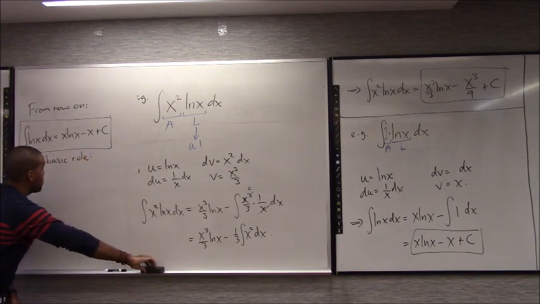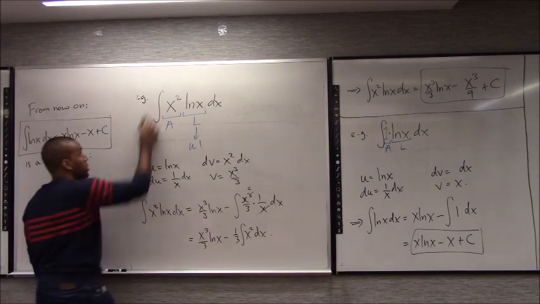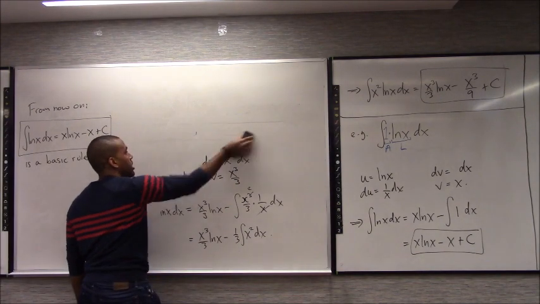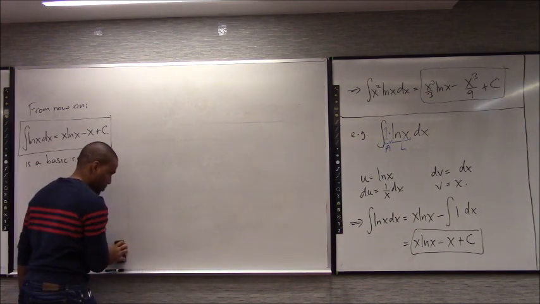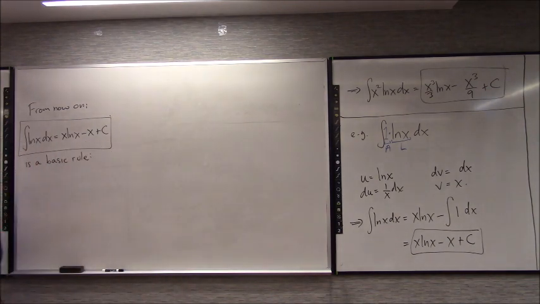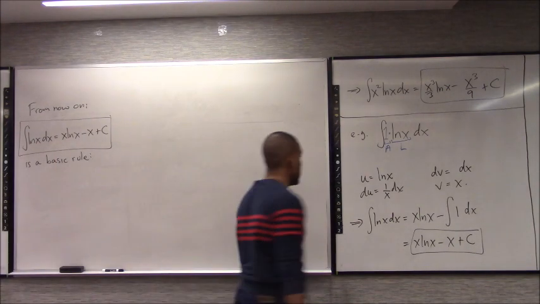So from henceforth and forevermore, this is never something you should have to derive, it's just something you should know. The integral of ln x is x ln x minus x. Some things show up often enough for you to just have them memorized, and it makes your life a lot easier.